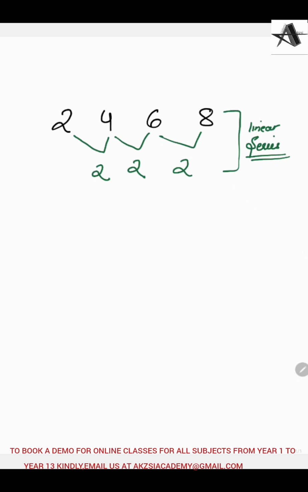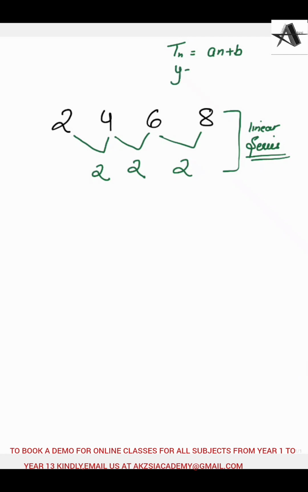Let me see how we can calculate the nth term. As the name suggests, for a linear series the expression is going to be a linear expression. We know the straight line is y equals mx plus c. Similarly here, the nth term is an plus b. Instead of using x and y variables, here we are using n and t.